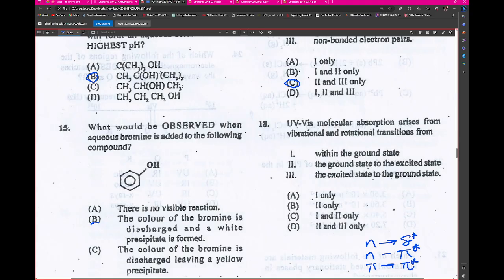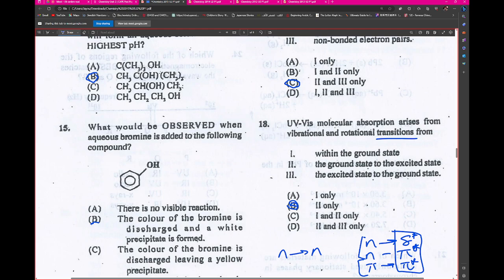Alright. So non-bonding electrons would be in their ground state, as well as pi electrons, and they're going to these excited states right here. So I would believe it is B. Because you can't have electronic transitions within the ground state. Transition means that it goes to an excited state, wouldn't it?